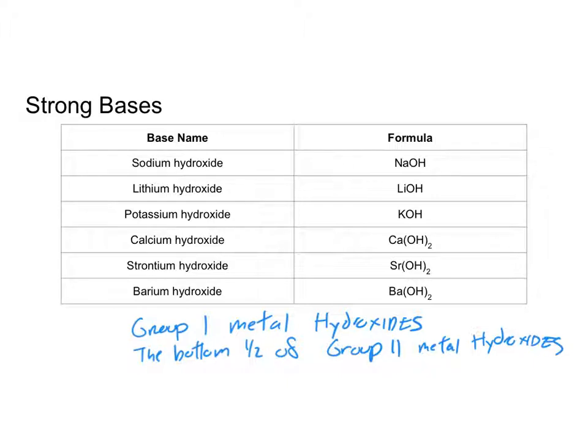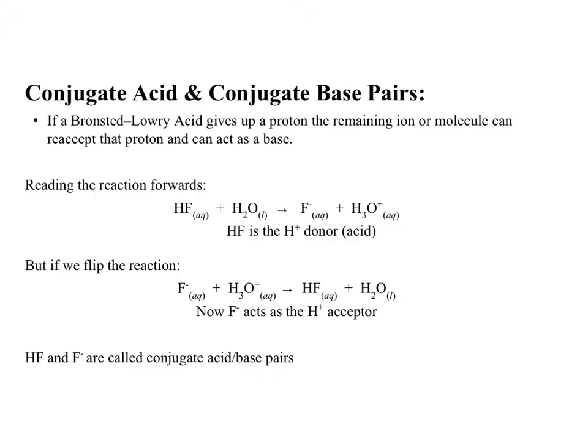Moving forward. You learned a little bit about conjugate acid, conjugate base pairs yesterday. And conjugate acid and conjugate base pairs are really, really rooted in Bronsted-Lowry acid-base ideas. And so if a Bronsted-Lowry acid gives up a proton, what's left over can reaccept that proton and act like a base.